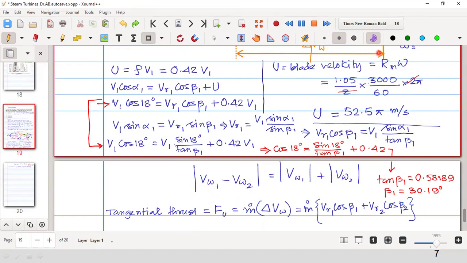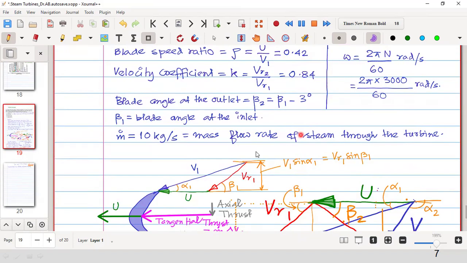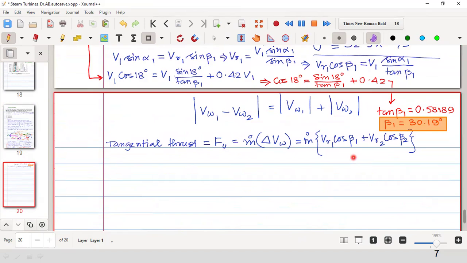So beta 1 is this. Okay. So beta 1 we have got. What is beta 2 therefore? Beta 2 is told that beta 2 is beta 1 minus 3 degree. So therefore we can write from this.